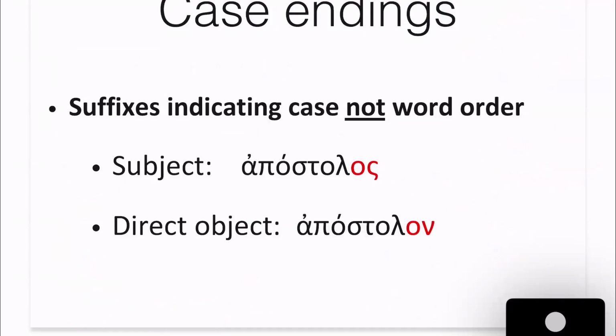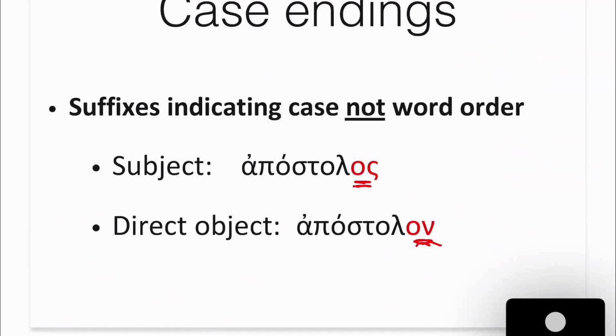So in Greek then, because of these little endings that we have on the end of a word, it is these endings that tell us how a word is functioning in Greek. It is not the word order that is telling us how a word is functioning in the sentence.